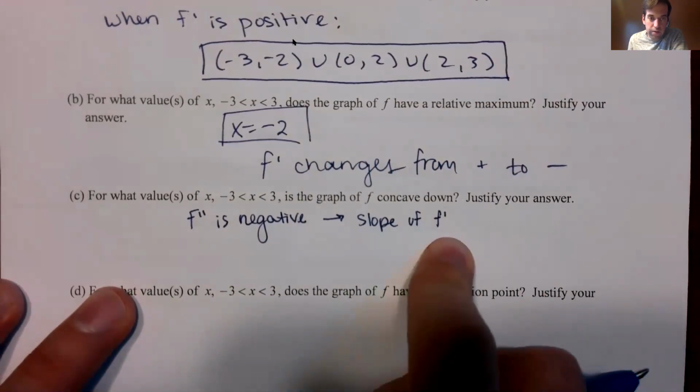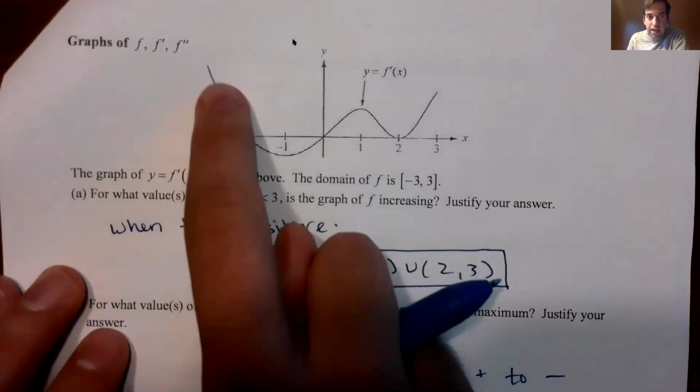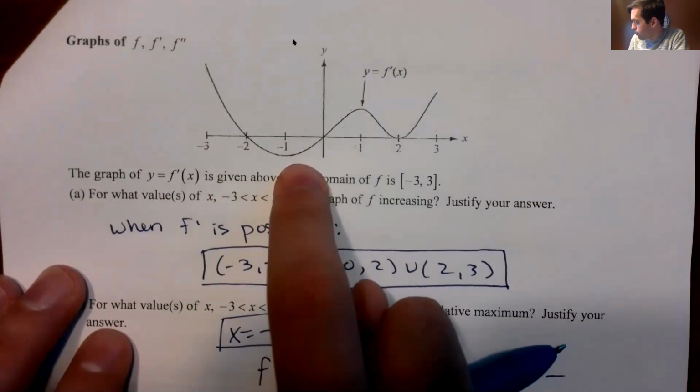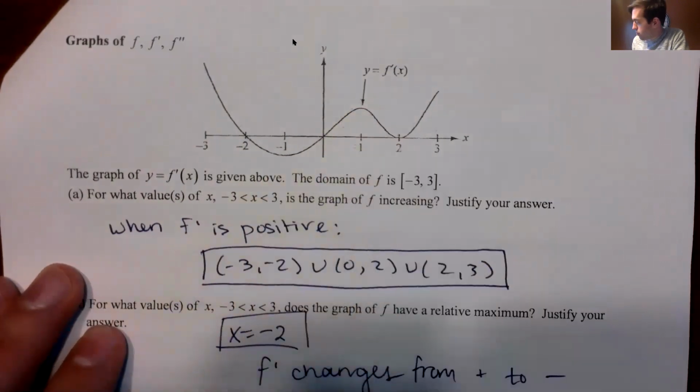So the slope of the first derivative is going to be the second derivative. So we want to have a negative slope on this graph. Or where is it decreasing? And it's decreasing from -3 to -1 and from 1 to 2.